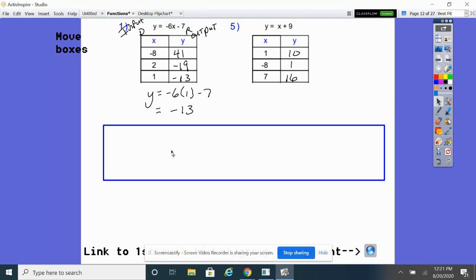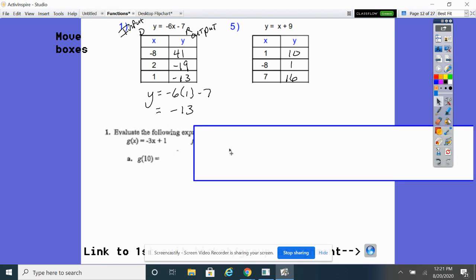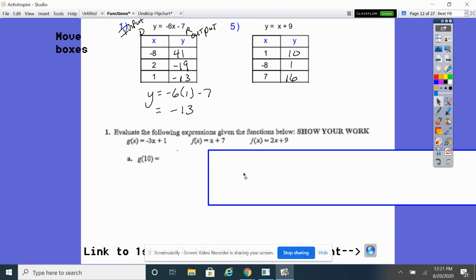The idea is we just got an input and an output. Here is something similar. A lot of times we're going to be given more than one function. This function is g of x, this function's f of x, and this one is j. You can't tell. We need to look and see which function they want us to use. First off, they want us to use g. Now, that means we're using this guy. Notice this is g of x and this is g of 10.